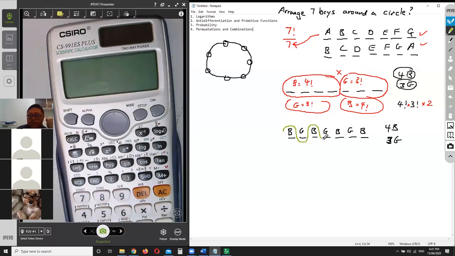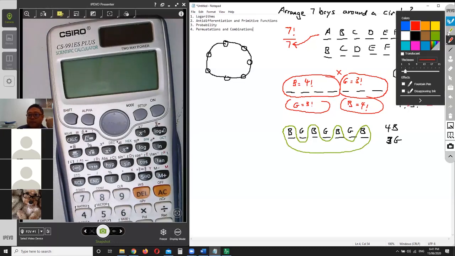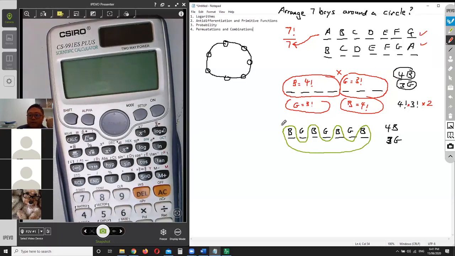Can you see what I'm doing? Yes. Okay, so that's one set of arrangements. Girls, another set of arrangements.